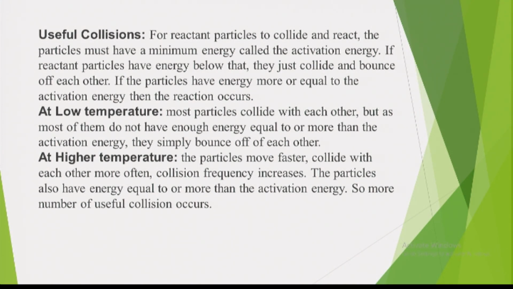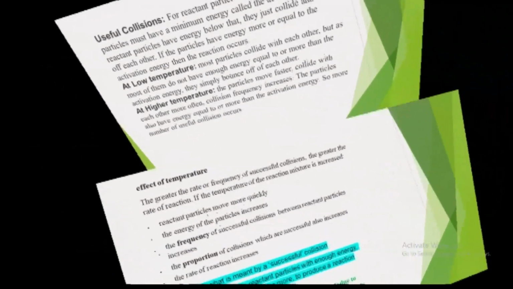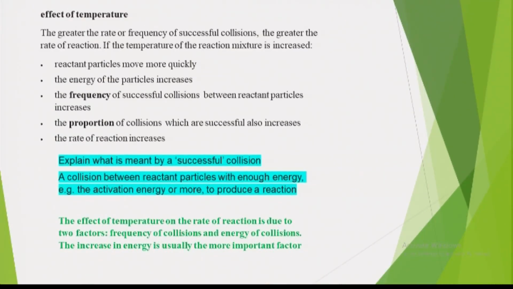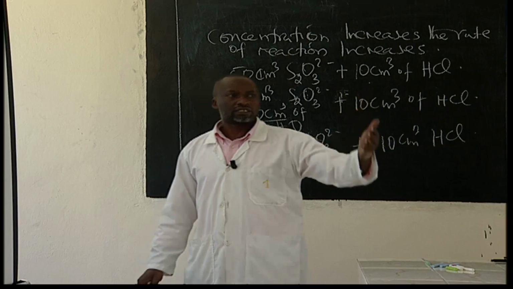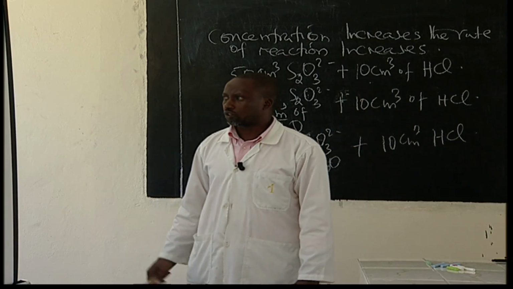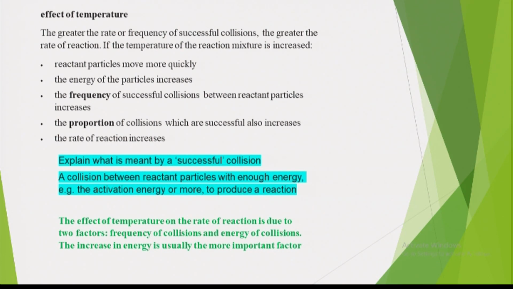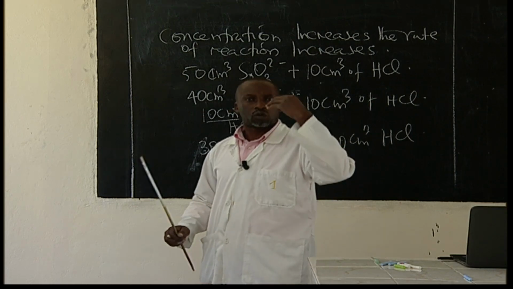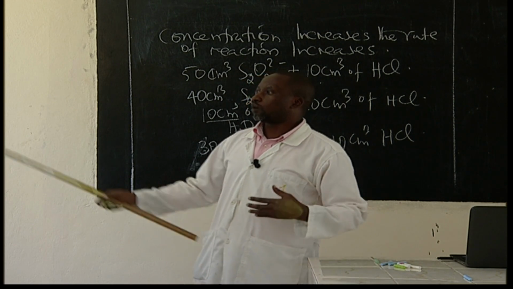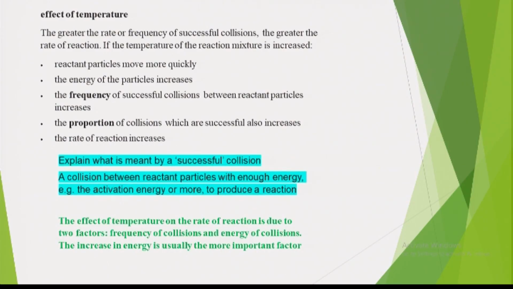So when you increase the temperature, we can go to the next slide and look at the effect of temperature. How does temperature affect the speed of this reaction? The greater the frequency of successful collisions, the number of times successful collisions are taking place, the greater the rate of the reaction.